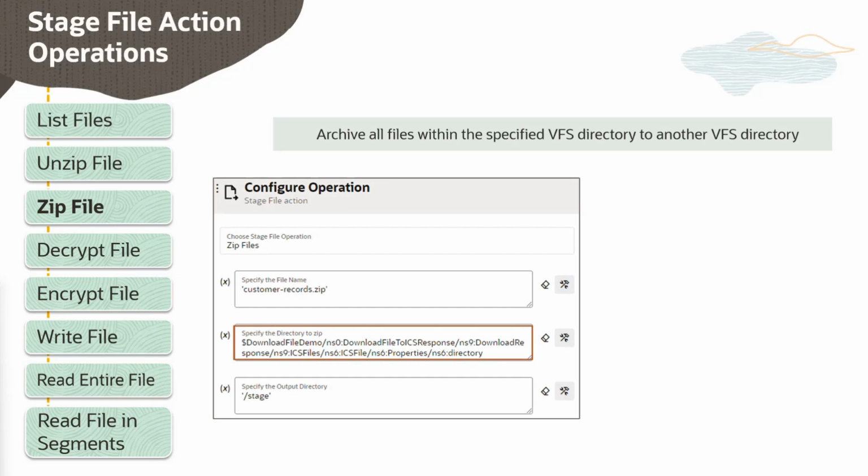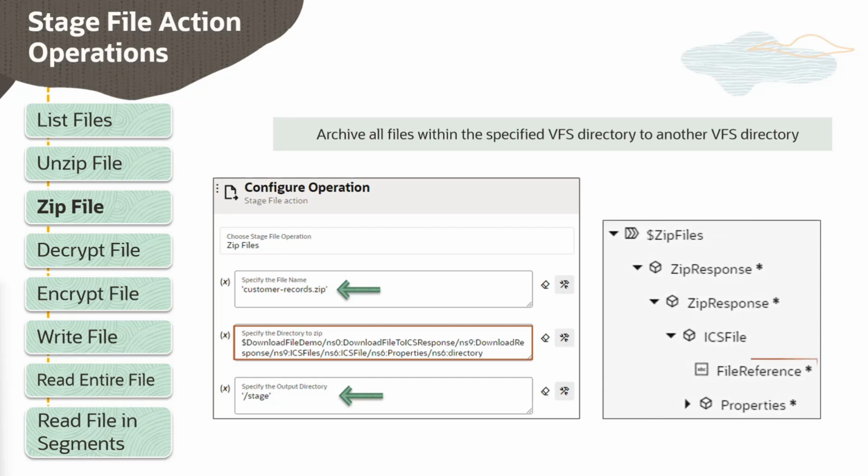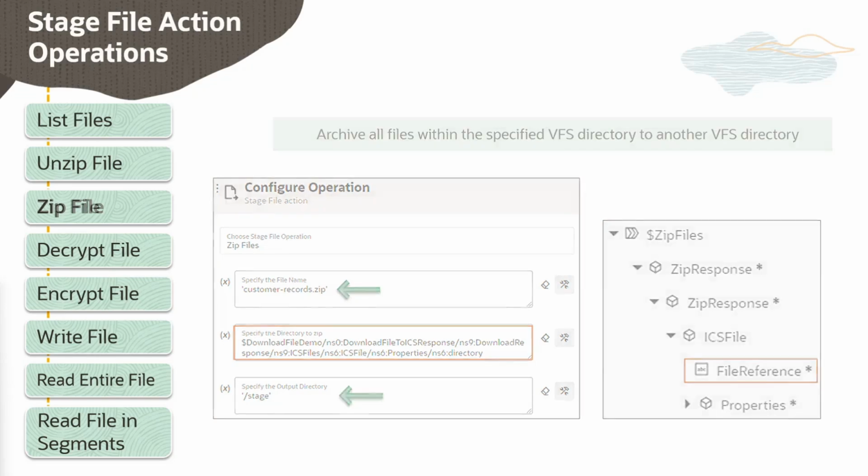You identify which virtual file system directory is to be zipped, then specify a name for the newly created zip file, as well as another VFS directory where it will be placed. Later, when looking in the map editor, you'll see the responses from this operation provides easy access to the zip file reference along with its metadata if you need it.